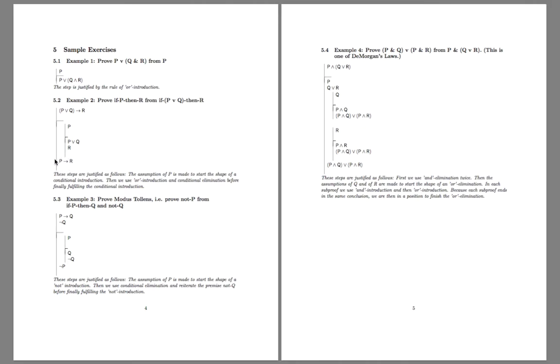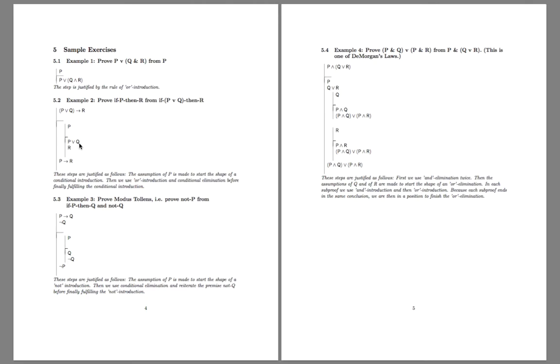And so in order to get that sort of sentence, in order to use the rule of conditional introduction, we're going to have to assume the antecedent here, P, in some sort of subproof, right? And the idea will be, well, let's try to prove R on the assumption that P, because that will set up our use of conditional introduction. And in fact, this is pretty straightforward, because from P, we can then use or introduction to get P or Q, which I'm doing precisely so as to use this premise that we've got, right?